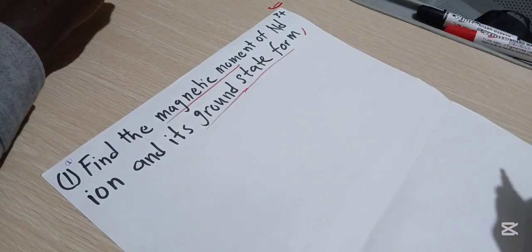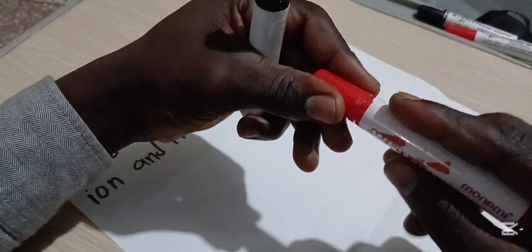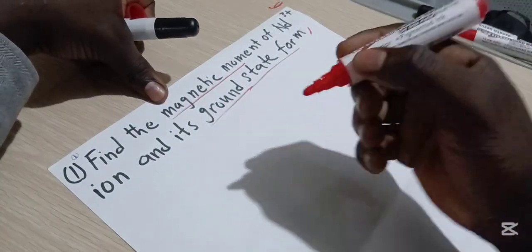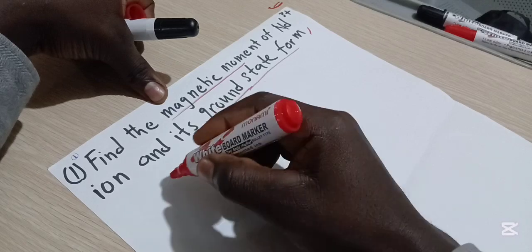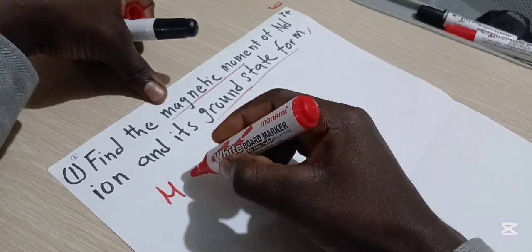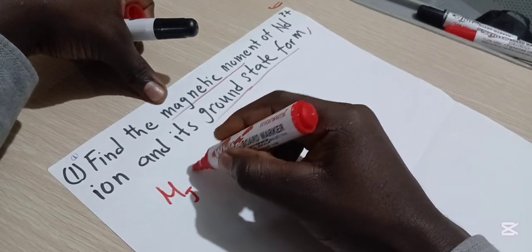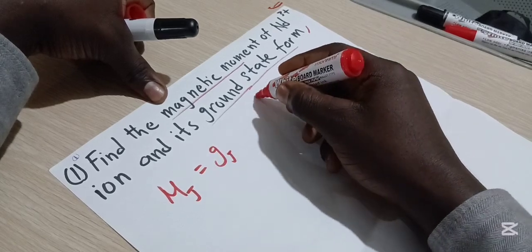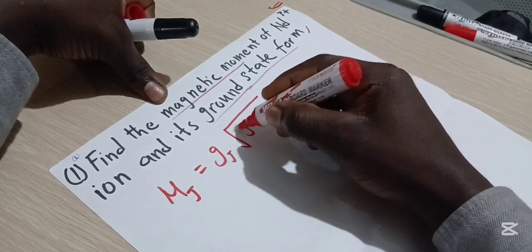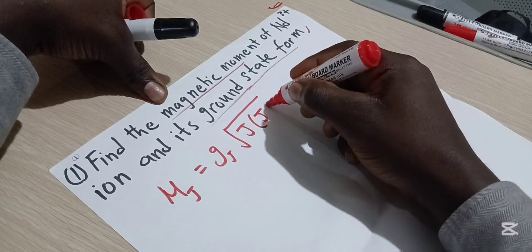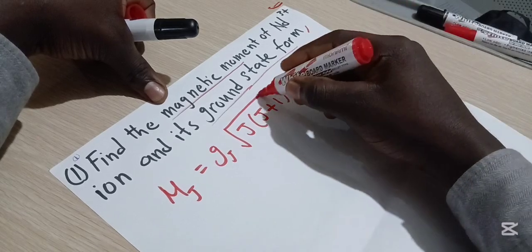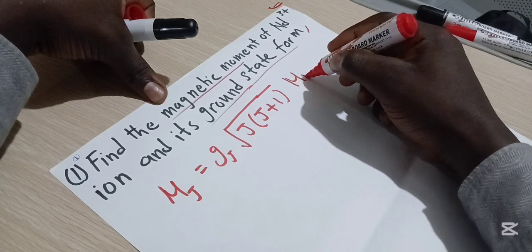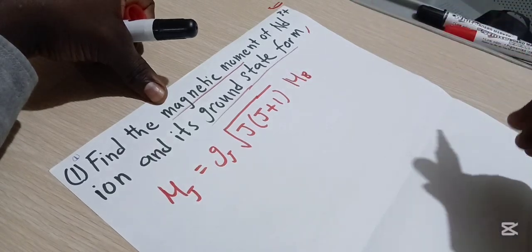Before we start, we need to know the magnetic moment formula, which is mu of the J state equals g of the J state times root J(J+1) Bohr magneton.